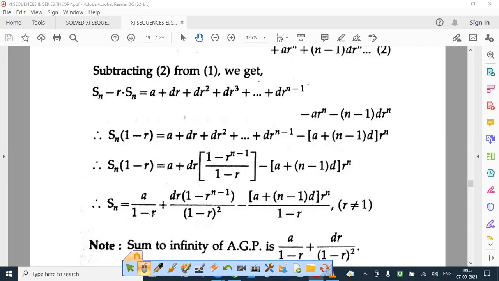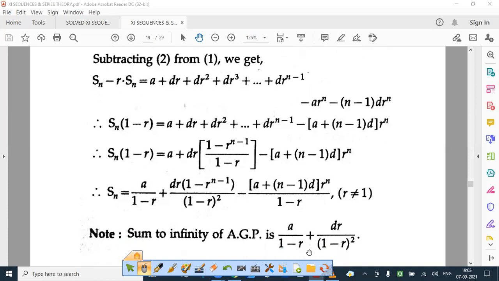It won't change a upon 1 minus r. But here, as n approaches infinity, a small number raised to n minus 1 approaches 0. 1 minus 0 equals 1. So dr upon (1 minus r) square. See this. Minus, note that r raised to n approaches 0 as n approaches infinity.